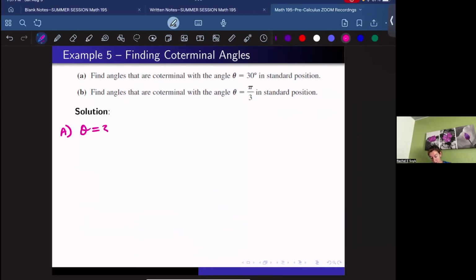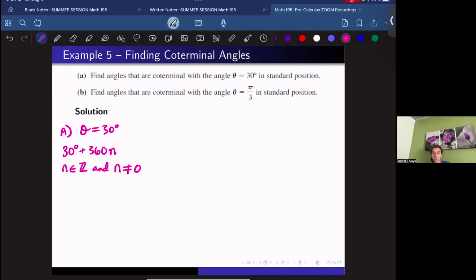So if our theta is 30 degrees, then we're simply just looking at 30 degrees plus 360 n, where n is any element of the integers, and n is not equal to 0.